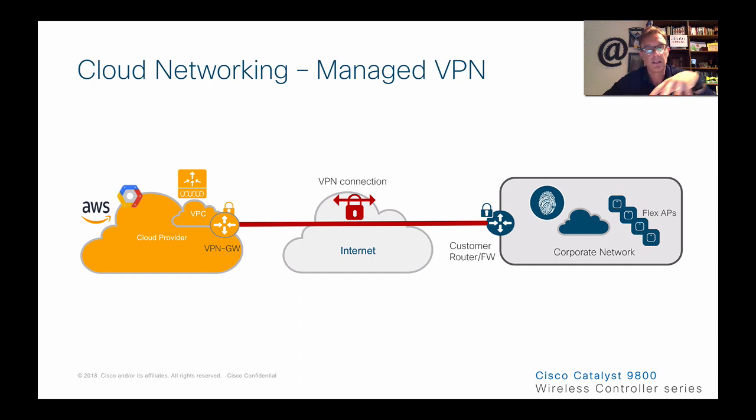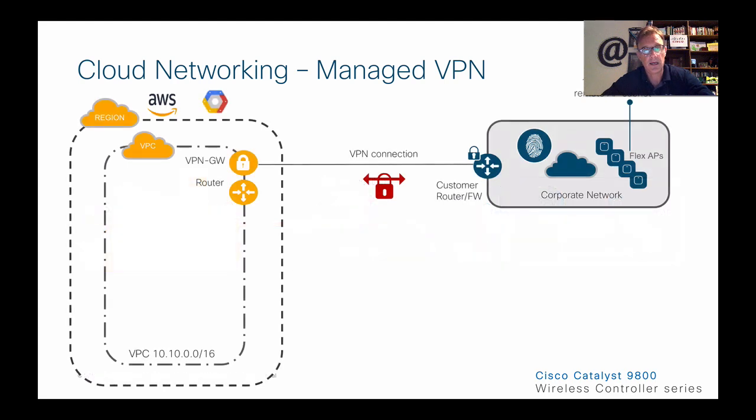Of course, the VPN gateway can be either provided by AWS, or it could be a service that you deploy, for example, using the Cisco CSRv router, which offers more flexibility.